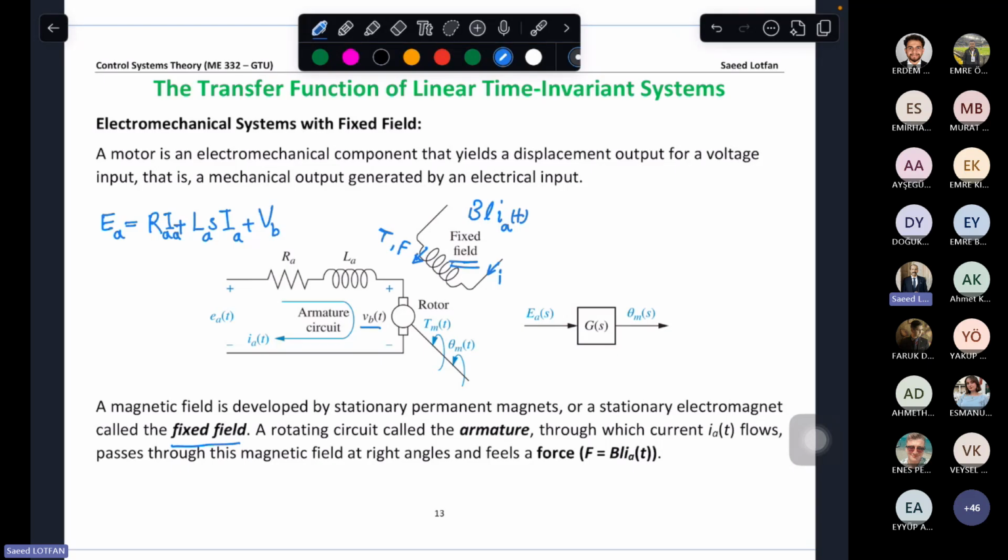So the first thing we can see is the voltage relationship for this circuit.